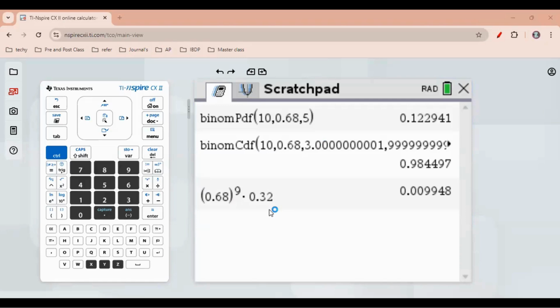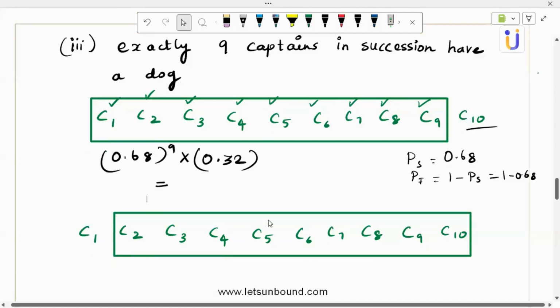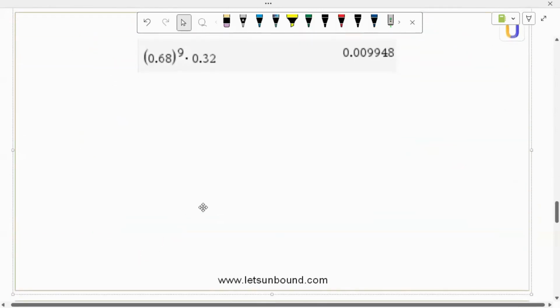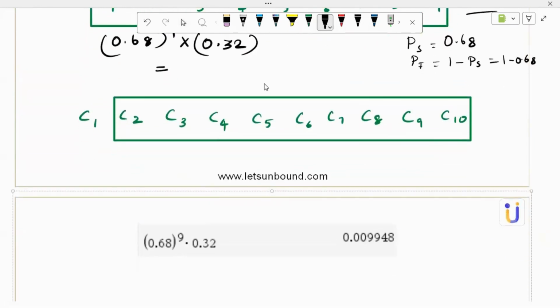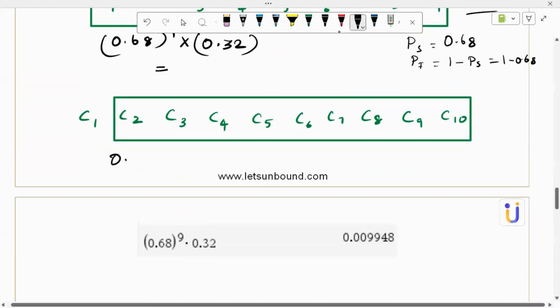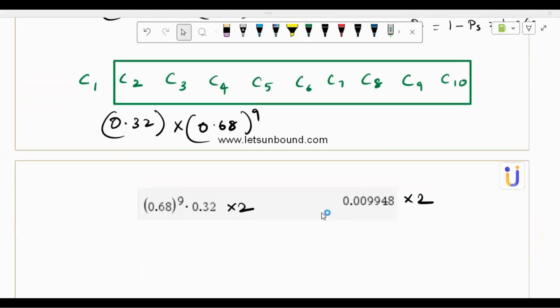Moving to the solution. So we got this. Okay, what happened to the second case? The second case is also the same, but first I have a failure, then all the 9 upcoming are success. So it's nothing but the same, like commutative: 0.32 times 0.68 whole power 9. So better you just multiply this with 2. Correct? And when you multiply this with 2, we will get around 0.0199.